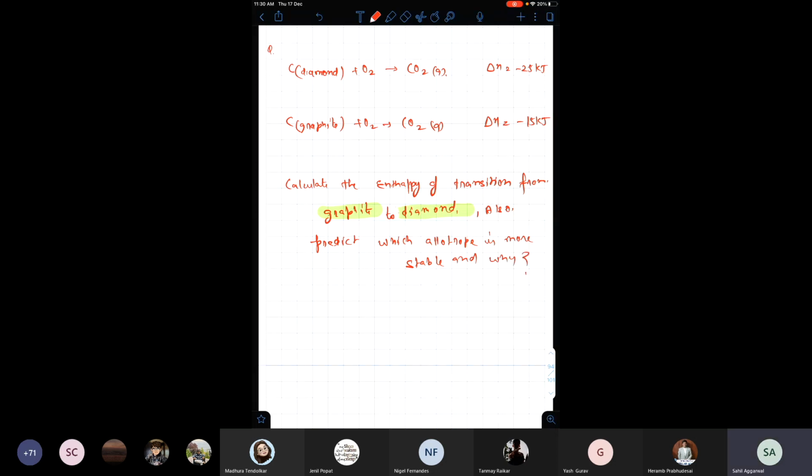Calculate the enthalpy of transition from graphite to diamond. Also predict which allotrope is more stable and why.